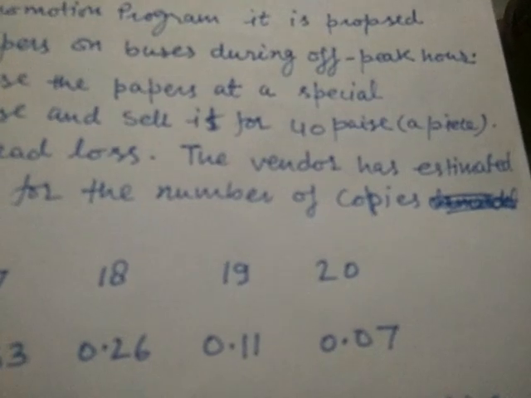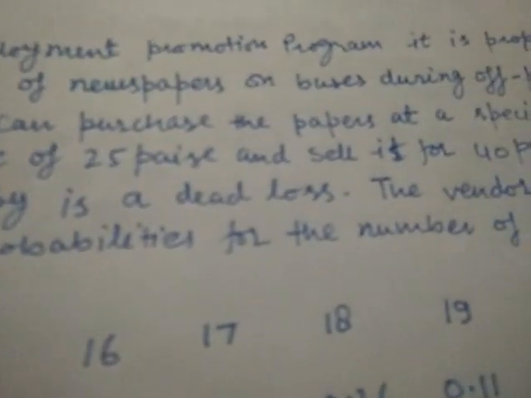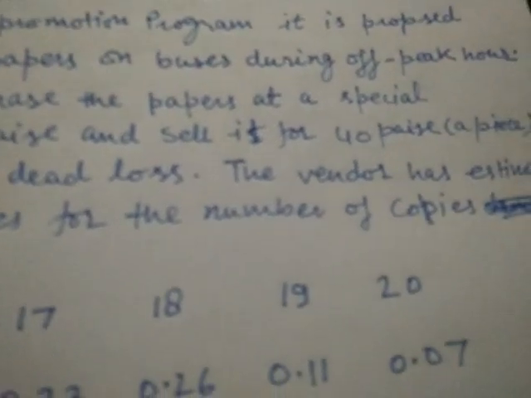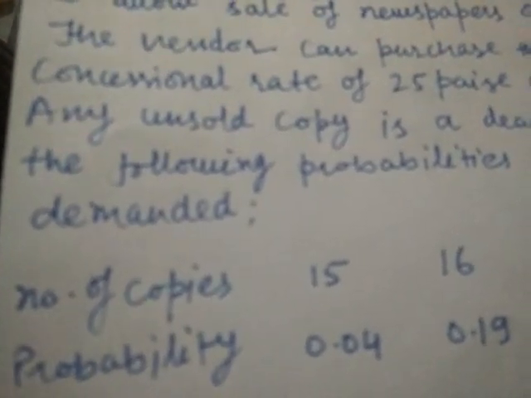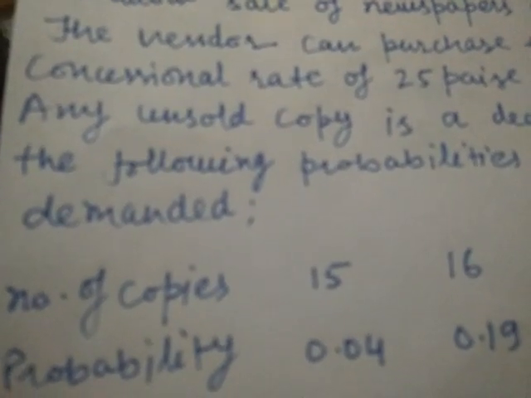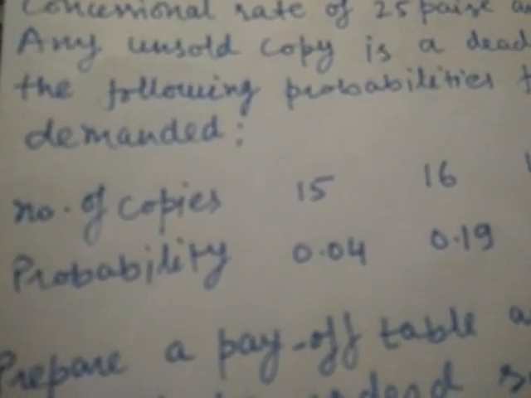The vendor has estimated the following probabilities for the number of copies demanded. Number of copies in one row and probability in another row.